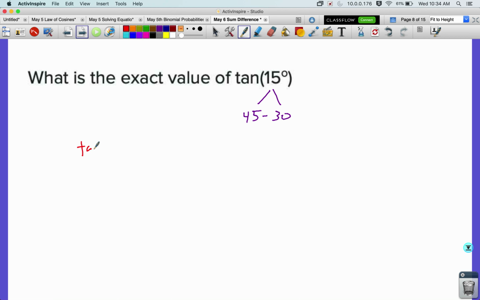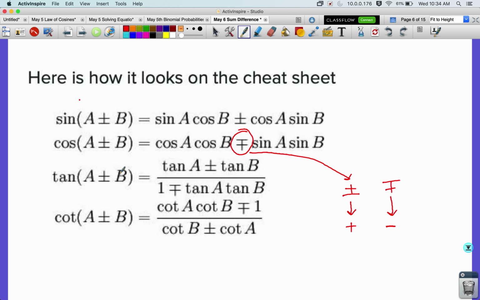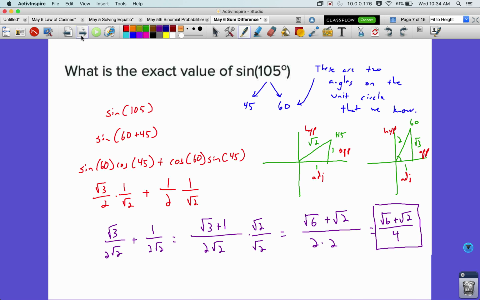So now that I've got tangent of 45 minus 30, I've got to go get that tangent formula. So A minus B is going to become tangent A minus tangent B. So let me do that first part.